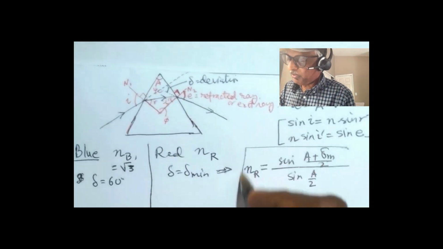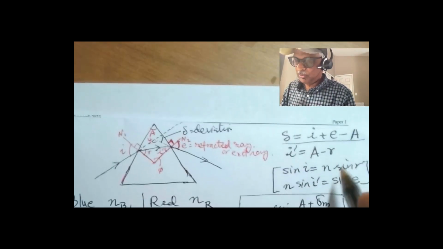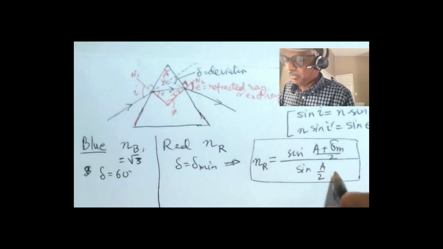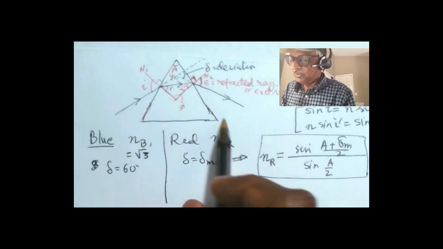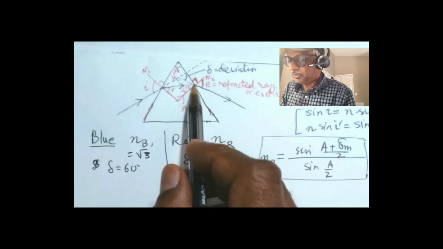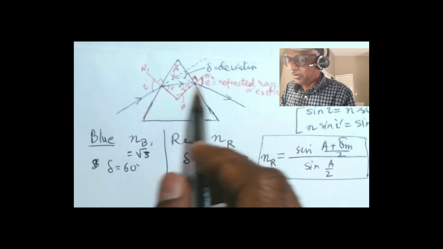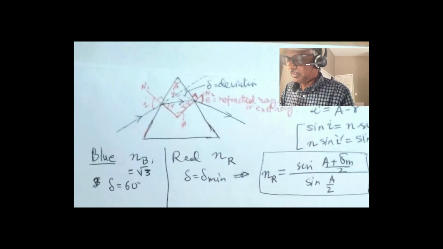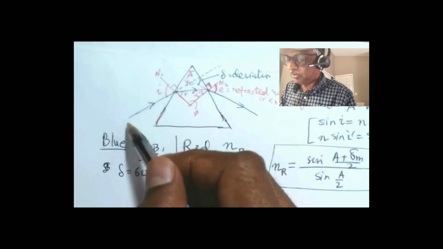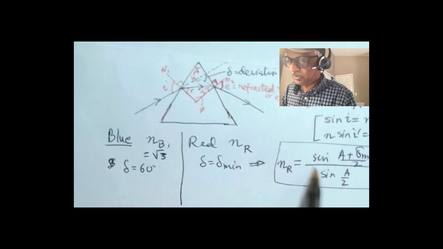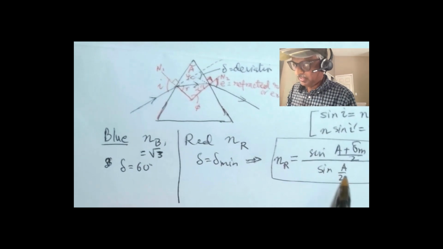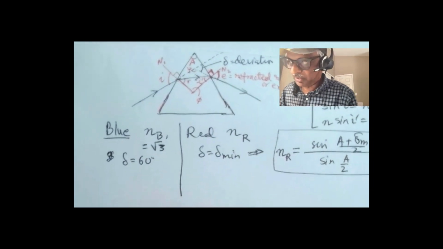A lot of people memorize this formula in addition to the other formulas. But if you don't remember it, you can say, if I shoot it from this side, it's going to come out symmetric on the other side, so this will be minimum deviation. From there you can find this very quickly. I don't want to spend time deriving it.